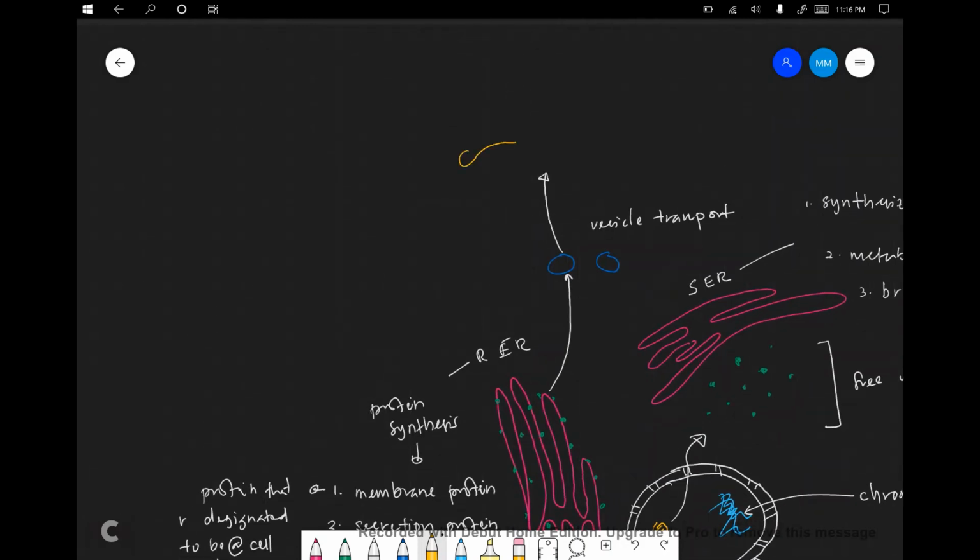So let's draw our Golgi apparatus, class. So that is our Golgi apparatus, this one.